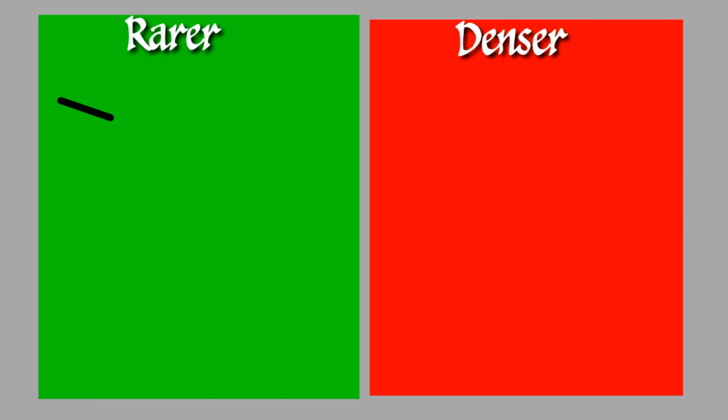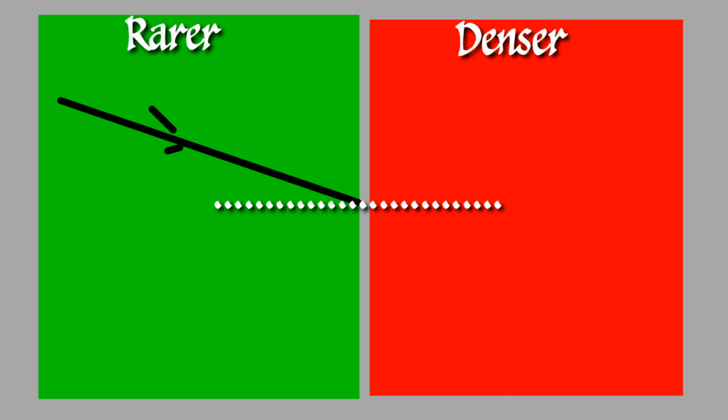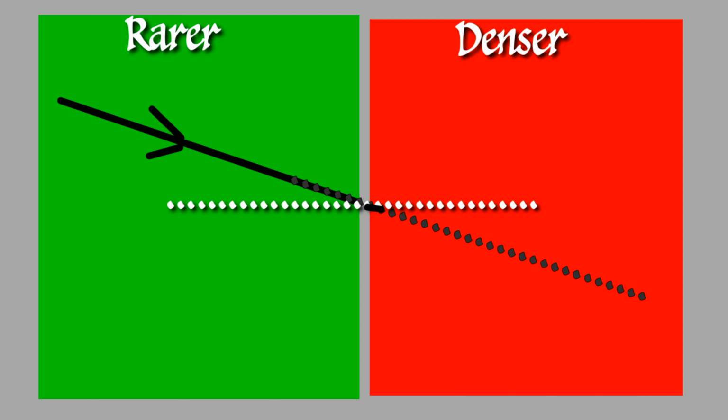Whenever a light ray moves from a rarer medium to a denser medium, it always bends towards the normal line which we have drawn at the point of incidence.